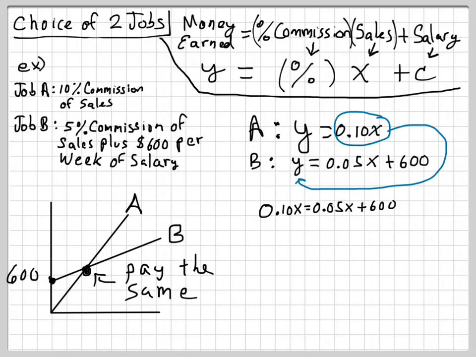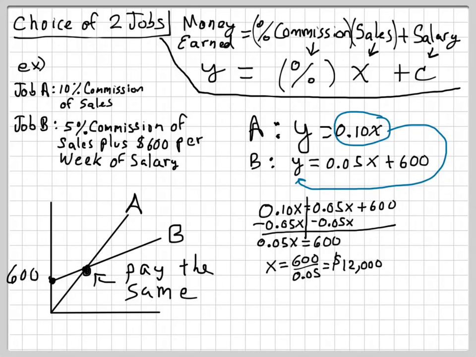And once again, notice that I didn't use the percents per se, but I did use the decimal representations for the percents. So I will solve this equation, and I get a value of x of $12,000.